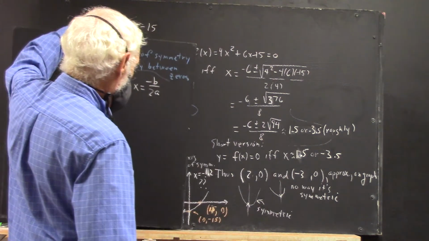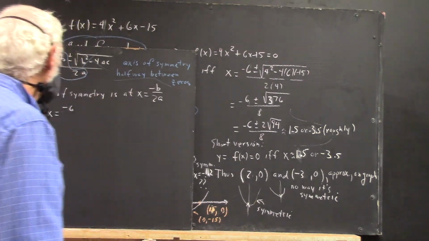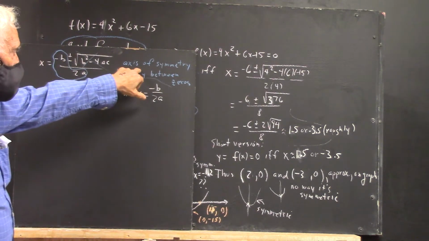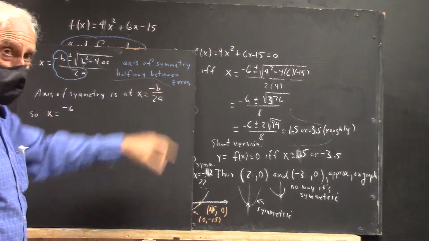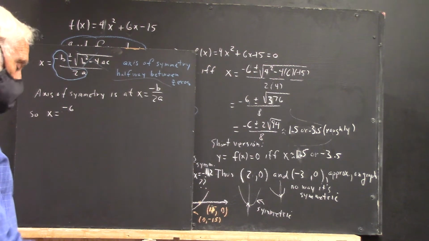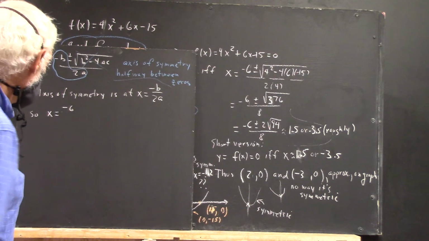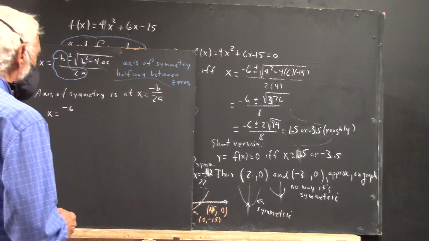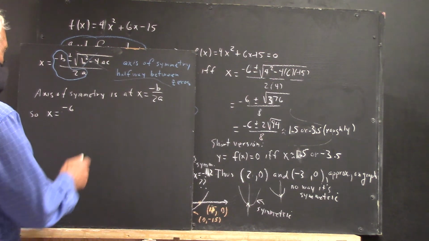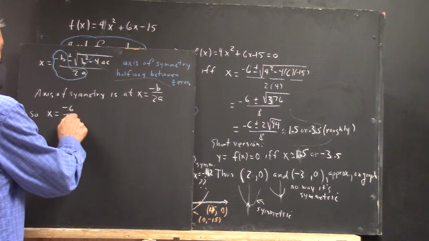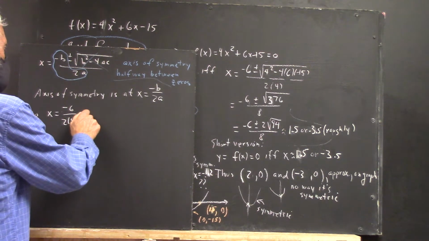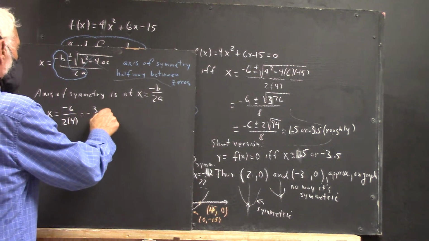With all that, again, we have the principle I was talking about. The axis of symmetry is halfway between the zeros. The axis of symmetry would be at x equals -b over 2a, which is -6 over 2 times 4, and that's -3/4.